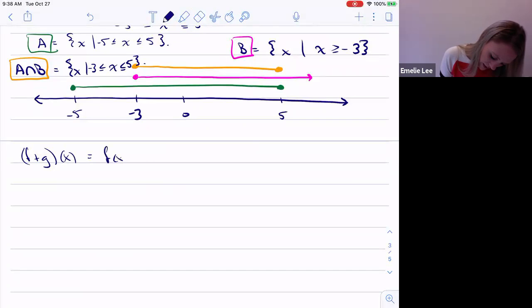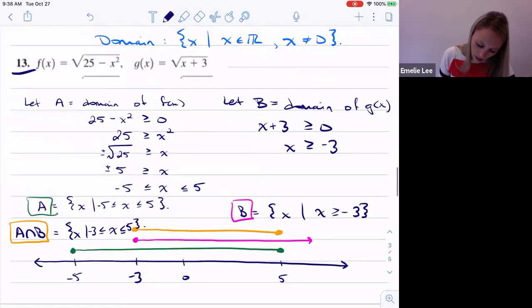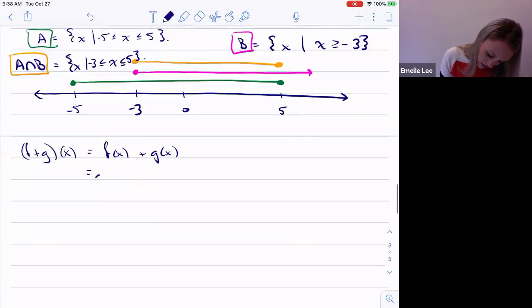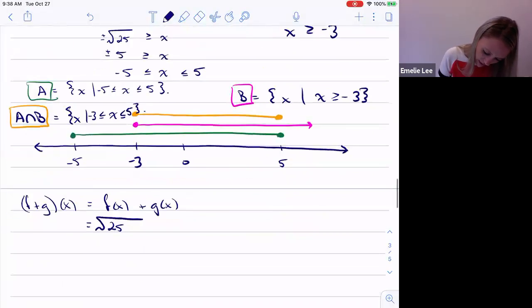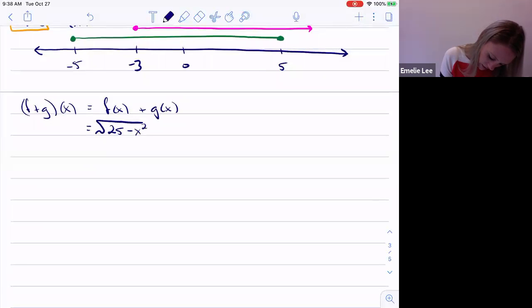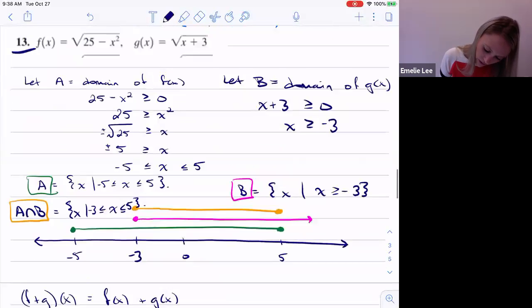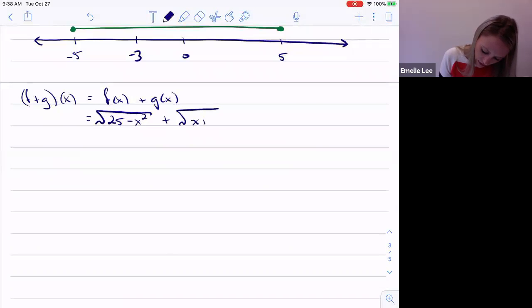That's the same as f of x plus g of x. F of x in this case is the square root of 25 minus x squared plus the root of x plus 3.